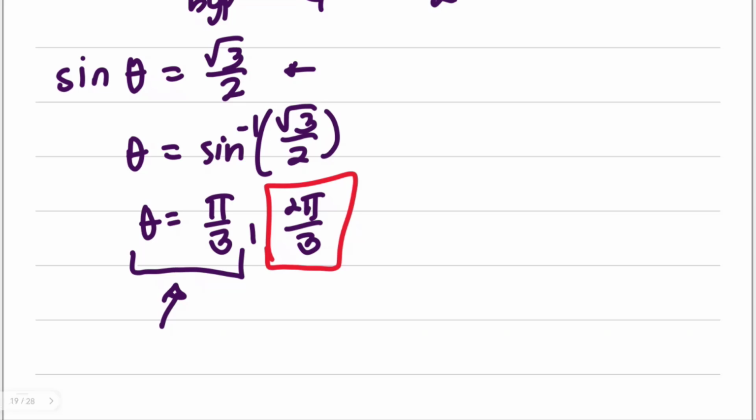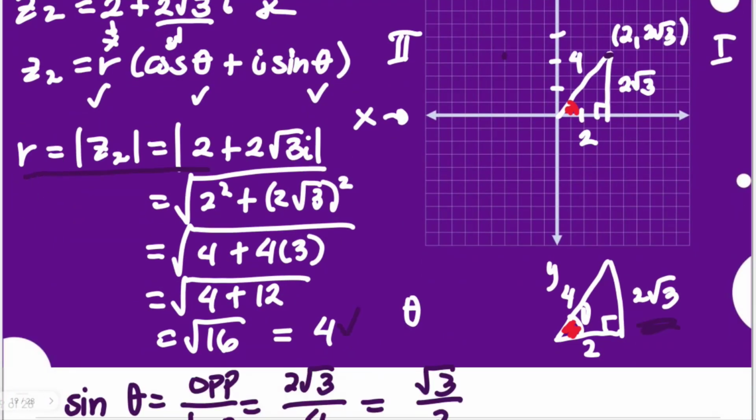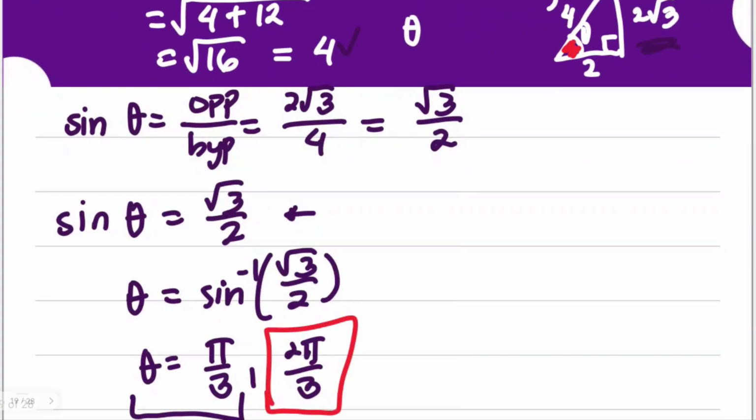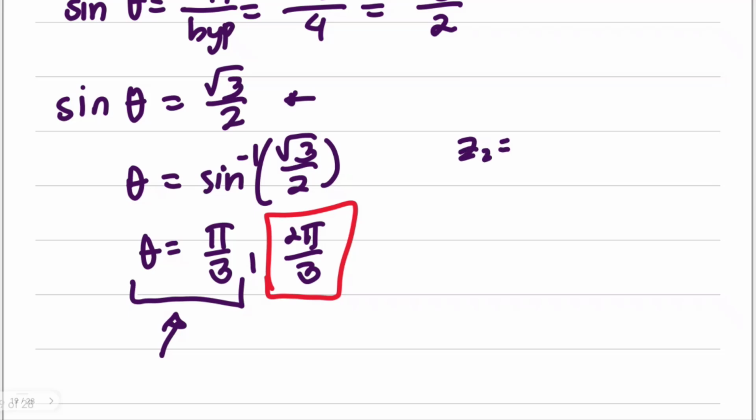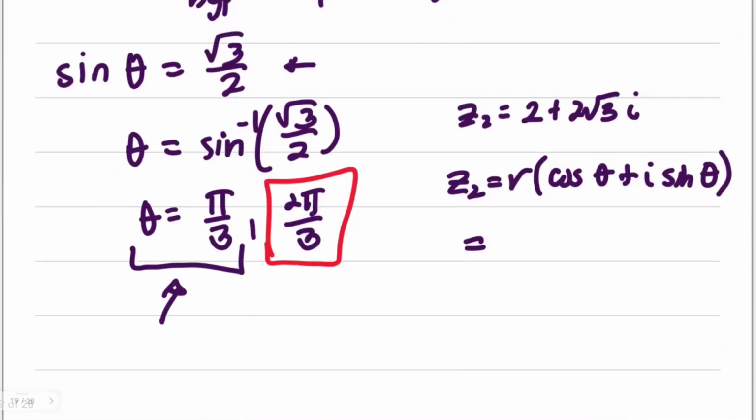Now that we have our theta and our r earlier being 4, we can write the polar form of this complex number. Our complex number z sub 2 is 2 plus 2 square root of 3i. In polar form, r times cosine theta plus i sine theta, where r is 4, gives 4 cosine pi over 3 plus i sine pi over 3.